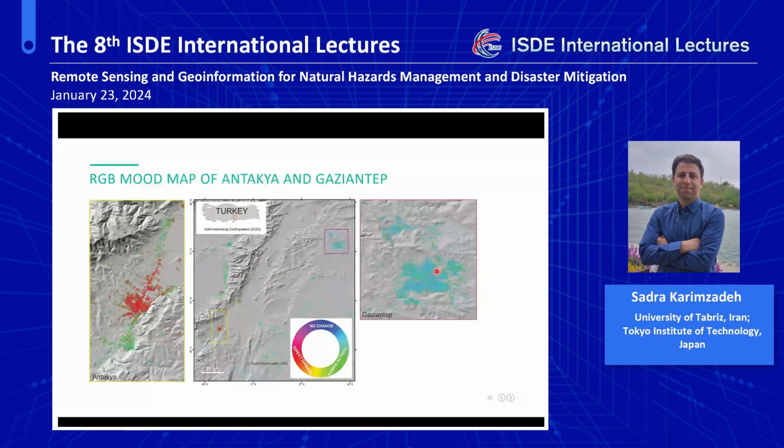I mean, a lot of activities related to debris removal or heavy vehicles working to remove debris. Because of this, you will see greenish in Antakya, but in Gaziantep everything is calm and there is no direct damage. So you can understand the mood of cities.